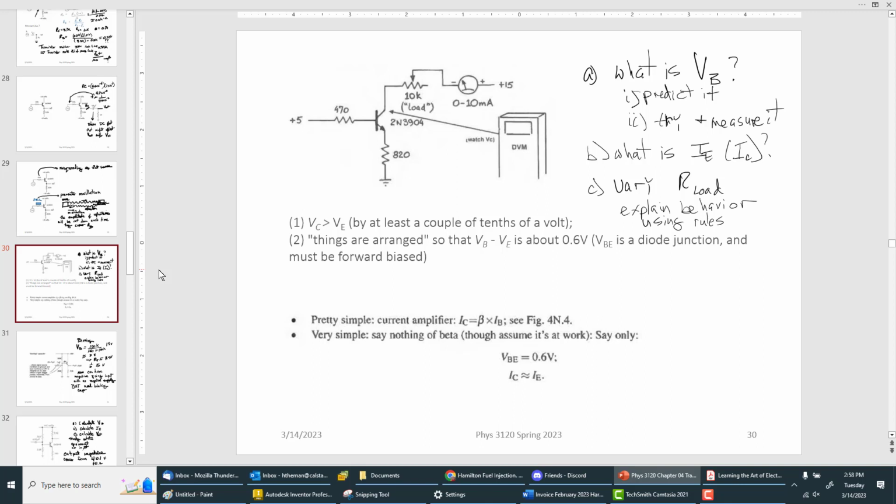You might even just make a simple table. I turn the resistor and I notice that the voltage is this, the current is that. I turn the resistor some more and I see this, I see that. Now you have to figure out, is turning it left towards 0 or is turning it right towards 0.